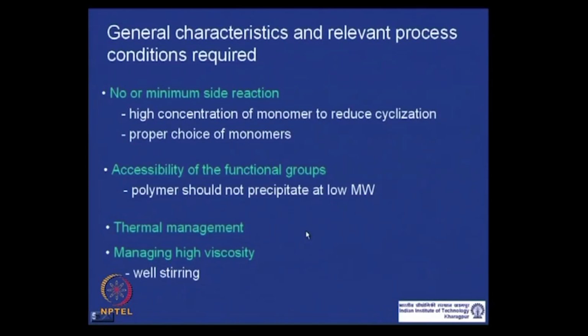And the next point is managing the high viscosity. As we progress, the molecular weight goes up, and fortunately it goes up to a very high level only at the end of the polymerization, when P is very high. Except when P is very high, the viscosity of the medium remains manageable.